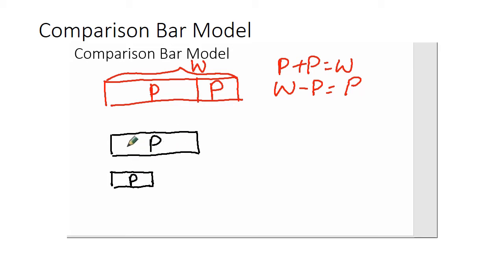As you can see, the longer bar is the bigger number, and the smaller bar is the smaller number. What we call this is the comparison bar model, because we're comparing the bigger number with the smaller number. I want everyone to understand how you derive the comparison bar model from the part-whole model.